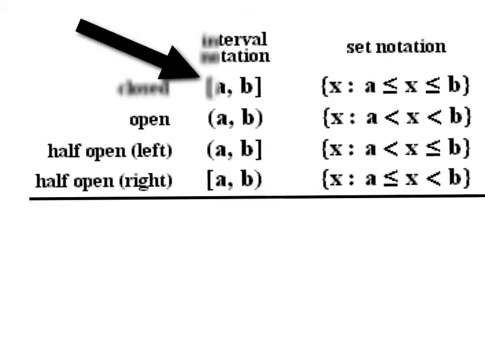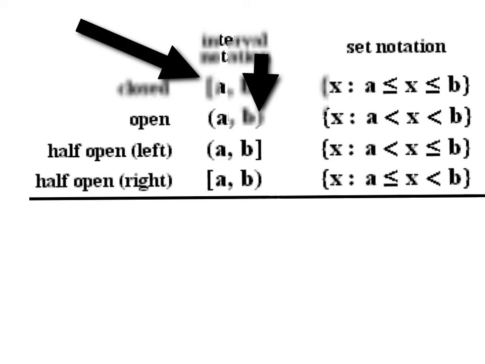You know they're open because you see the parentheses right there. Half open left or half open right is just one parenthesis and one bracket, or a bracket and a parenthesis. Now how you write these in set notation would be like the compound inequalities.